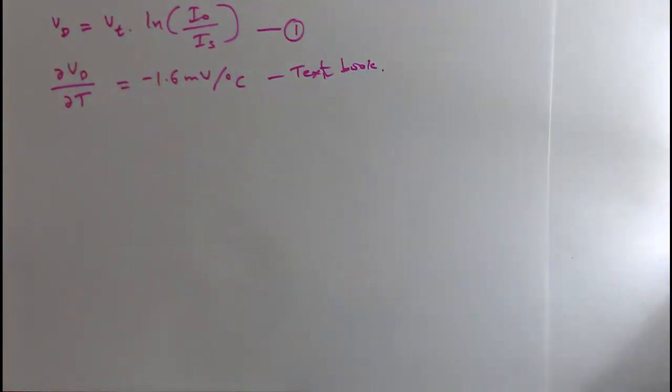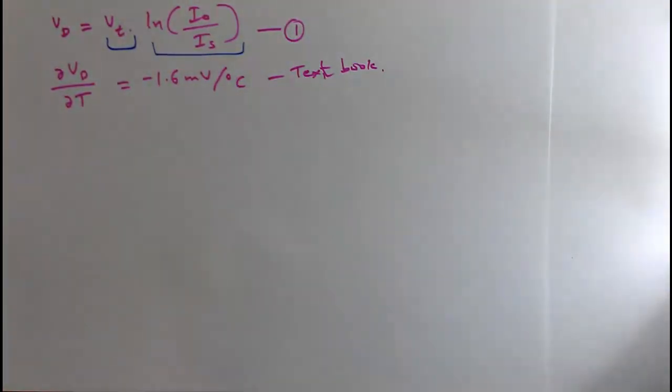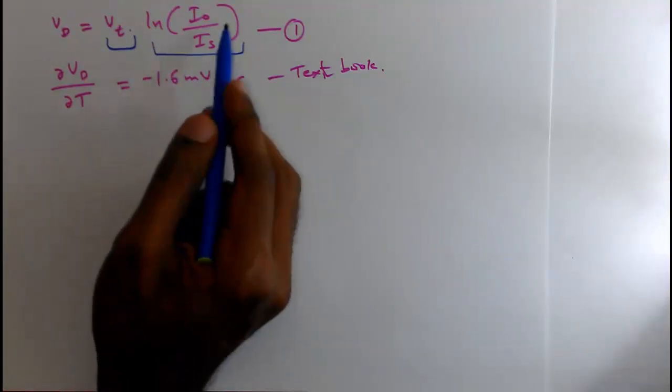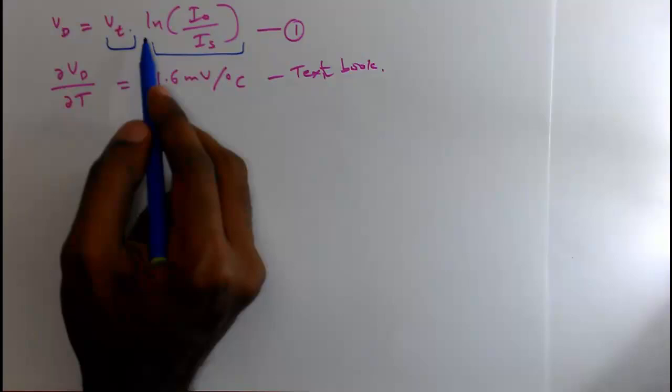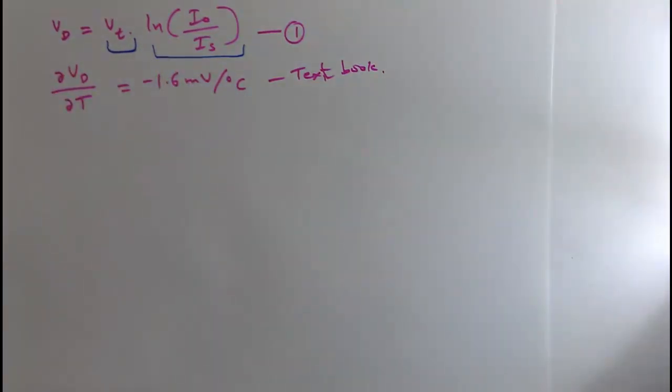The two terms, one is Vt, the other one is ln I0 by Is. We will analyze individually how Vt changes with temperature and how ln I0 by Is changes with temperature, so that we can evaluate the product. That means how Vd, the voltage across the diode, changes with temperature.